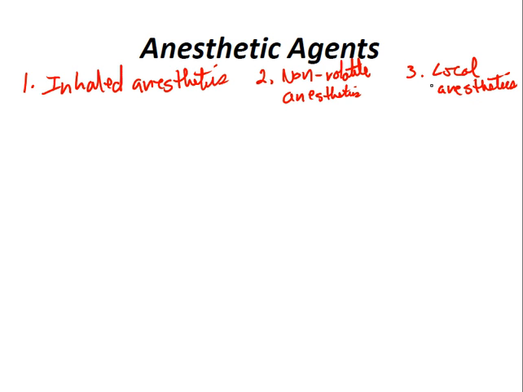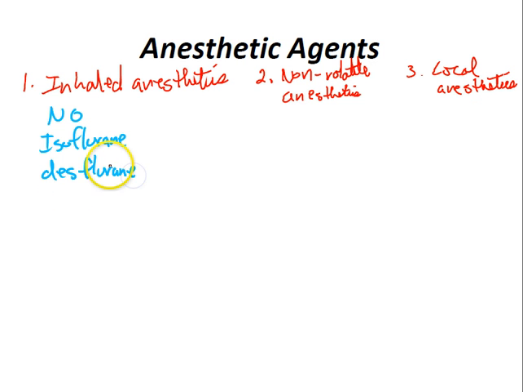All right, so there's a couple of these under each one of them, so I'm going to list them off for you. Under your inhaled anesthetics, you're going to have nitrous oxide, isoflurane, desflurane, sevoflurane, a favorite of a lot of hospital anesthesiologists, and halothane.